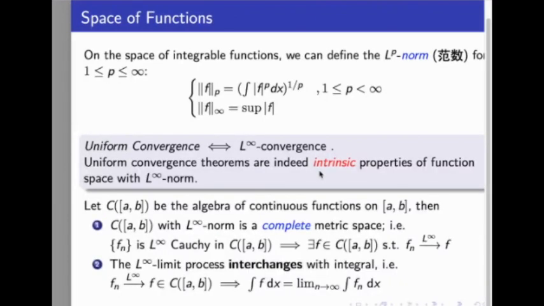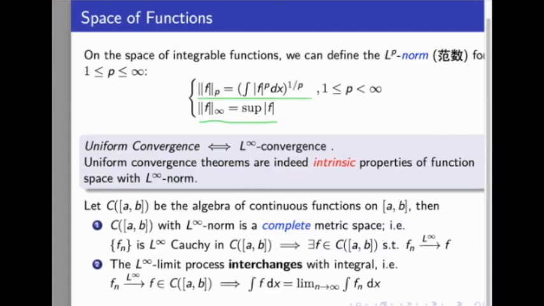And with the integral, we can define norms on the space of functions. We have the L^p norm for finite p as the p-th root of the integral of the absolute value of f to the power p. And we also have the L infinity norm, defined as the supremum of the absolute value of f.